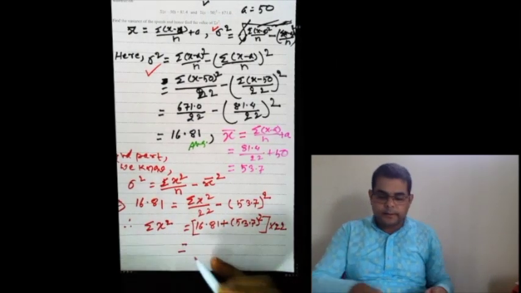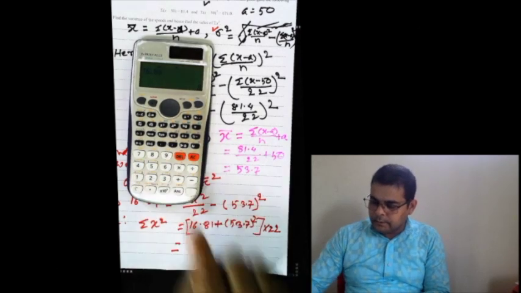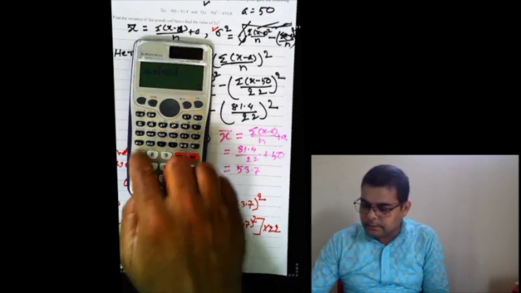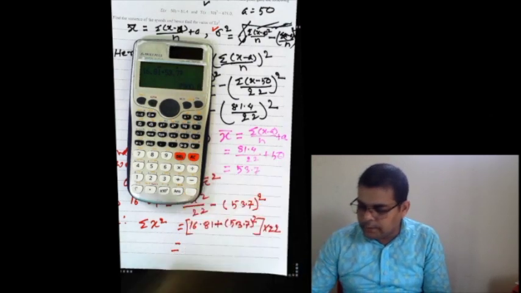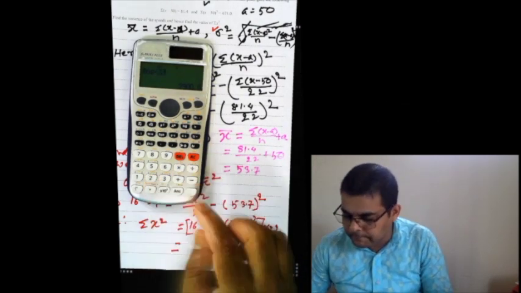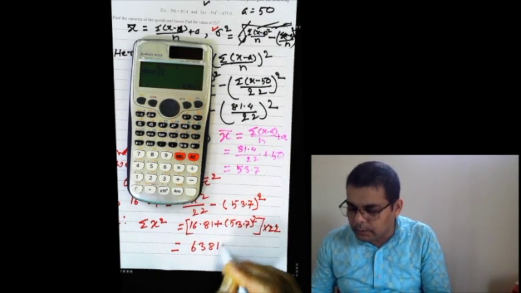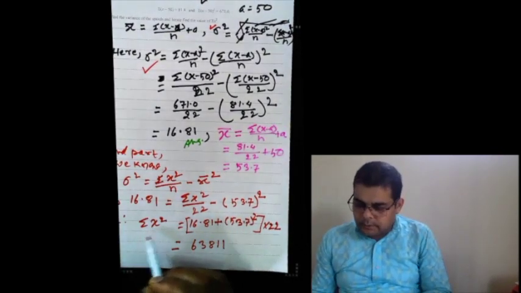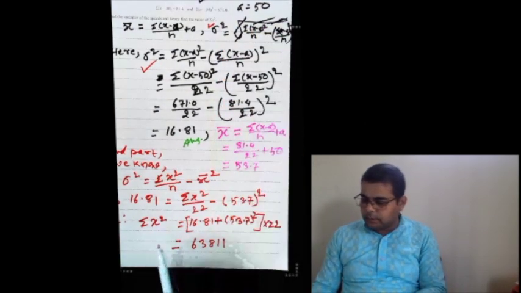So let's calculate using the calculator: 16.81 plus 53.7 squared, then equals, then times 22. So it's going to be 63811. In this way you can find the information that has been asked in the question, which was summation of x squared.